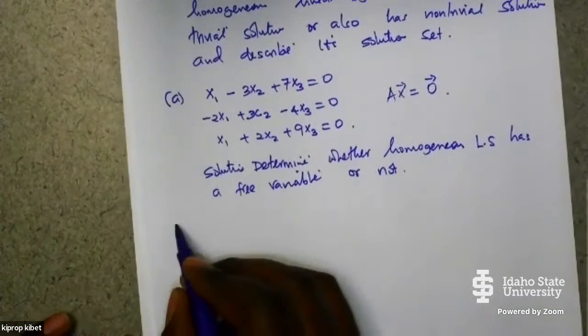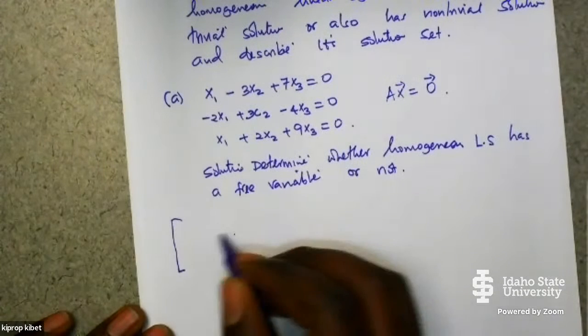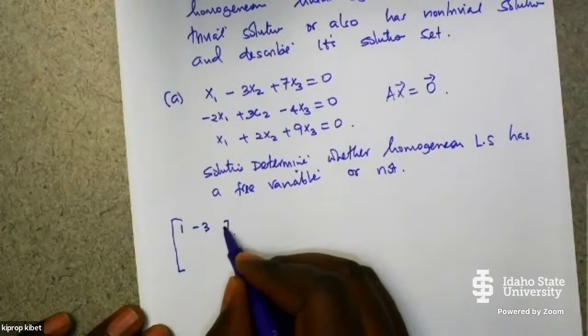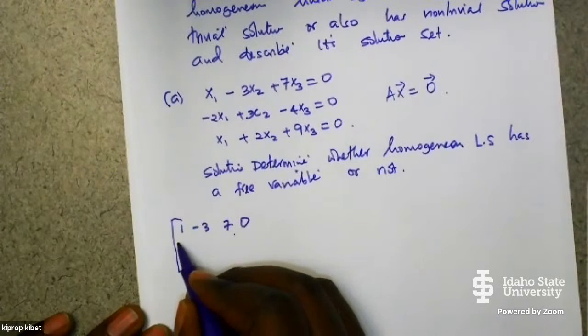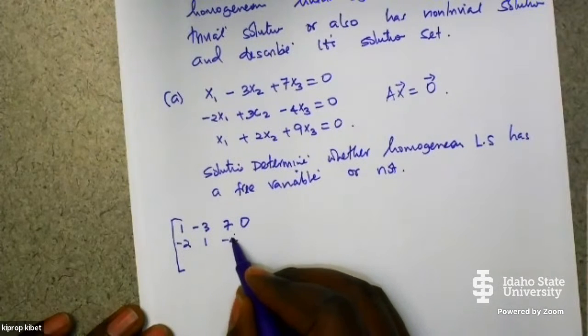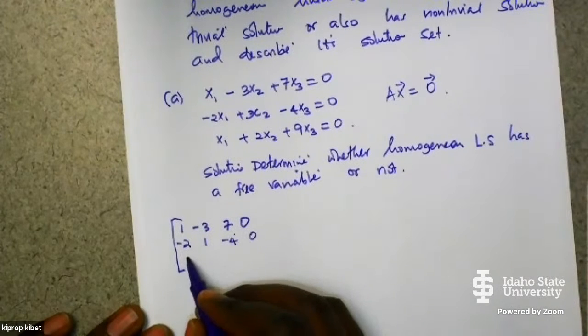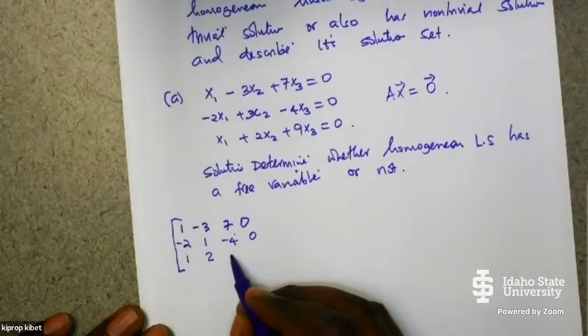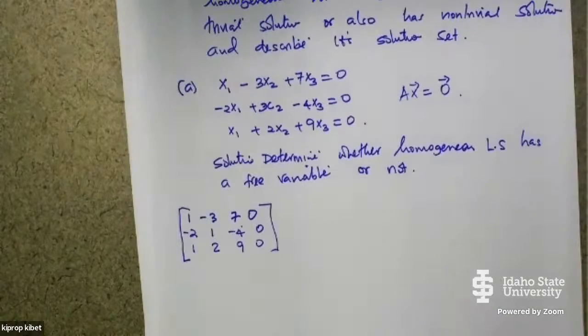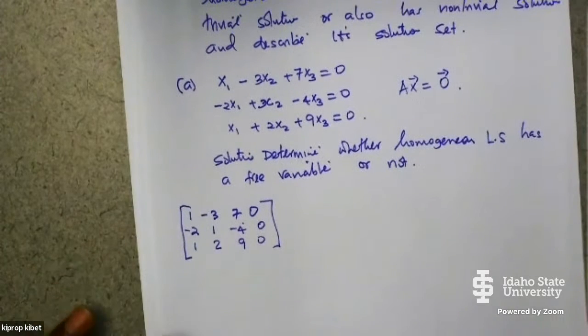So we start by writing the augmented matrix: 1, -3, 7, 0; -2, 1, -4, 0; and 1, 2, 9, 0. Then we reduce it to echelon form.